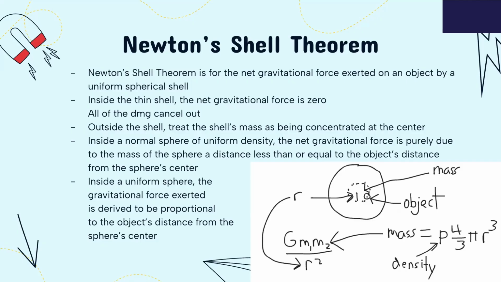And the density, because it's uniform, is just the total mass over the total volume. And that's how the mass m2 of the sphere, which is less than a distance r from the object, is equal to the density times 4/3 pi r cubed. And usually you'll be given the density.